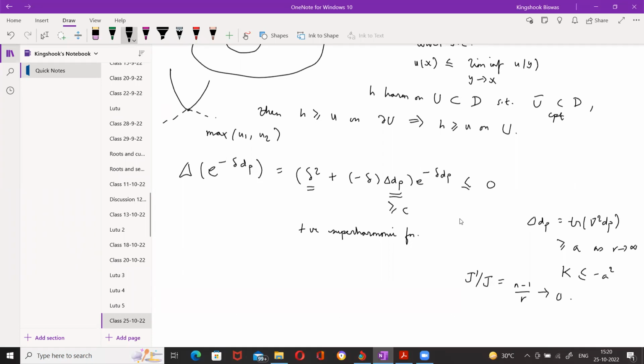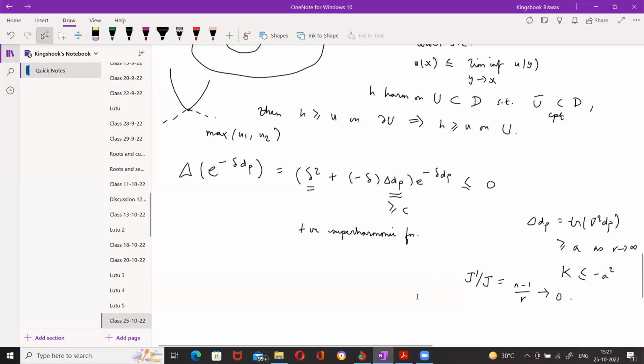Is that okay? Yes, sir. So negatively curved manifolds will be hyperbolic. Of course, it's a sufficient condition, it's not necessary. Negative curvature will imply hyperbolic.